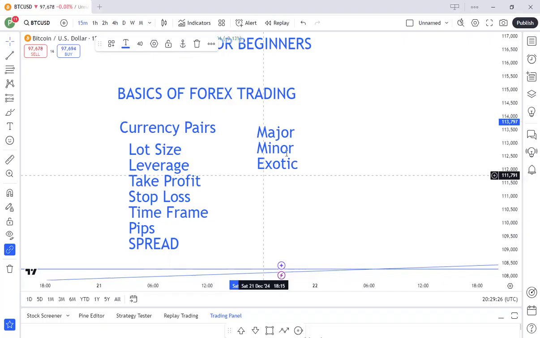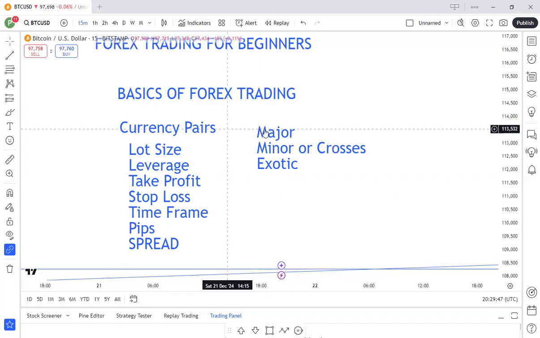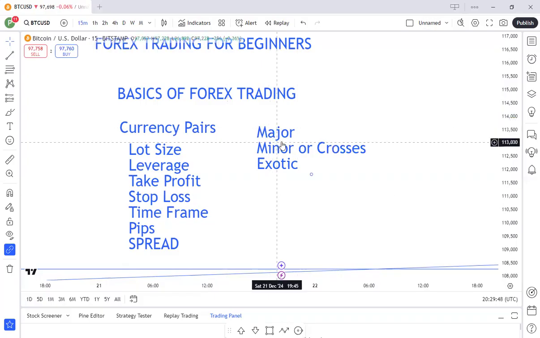This minor can also be called crosses. So these are the three types of currency pairs that we have.